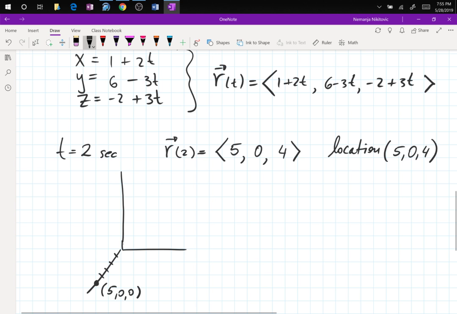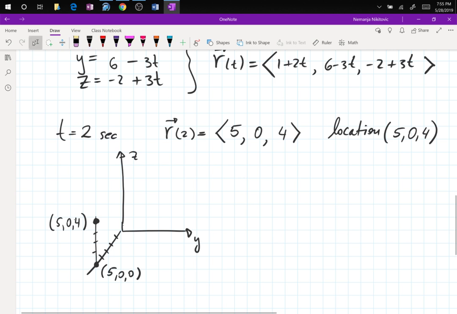And then since y is 0, we are not going to go parallel to y-axis. We're just going to go straight up 1, 2, 3, 4 units to get to (5, 0, 4). So it is above the x-axis as a location. That will be a 4 on z. So that's where the object is at t equals 2.